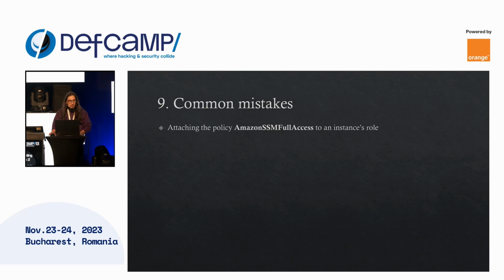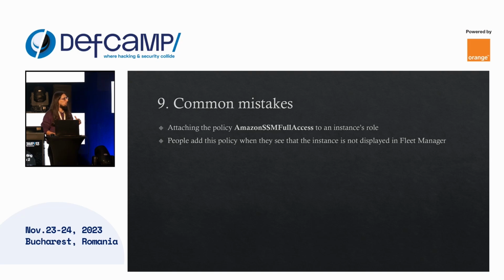Now let's talk about some common mistakes that I've noticed during the AWS cloud configuration reviews I've performed in the last years. Engineers are attaching Amazon SSM full access to an instance, and this will give every permission from SSM, and they are doing this because they want to manage the EC2 instance, and they are in a rush, right?